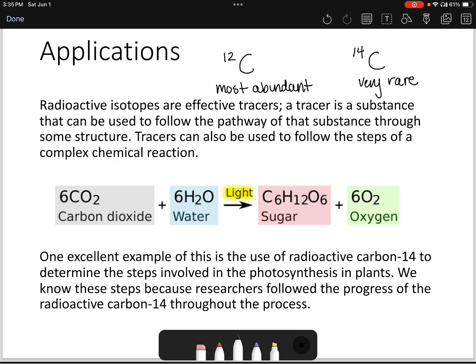It's present in a tiny, tiny amount. So if we use carbon 14 instead of carbon 12, we could try to follow carbon 14 throughout the reaction and see where it ends up. And that way we can figure out what actually happens during photosynthesis. So that's really, really cool that we can do that.